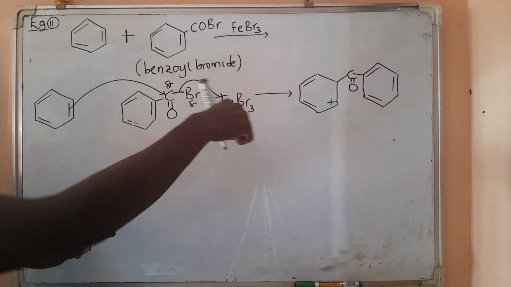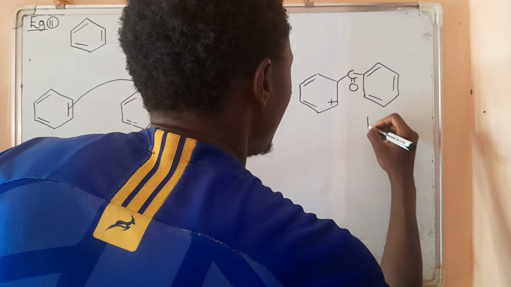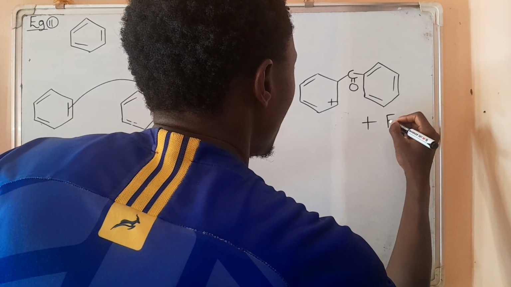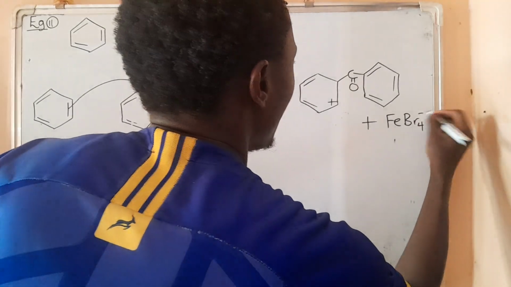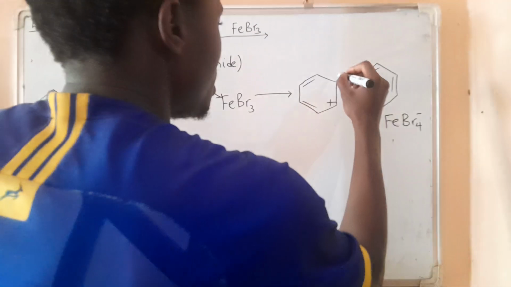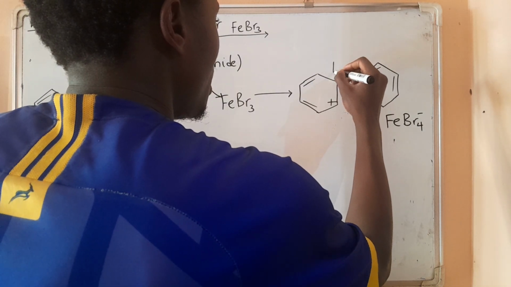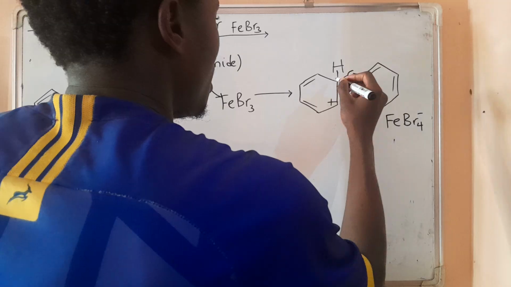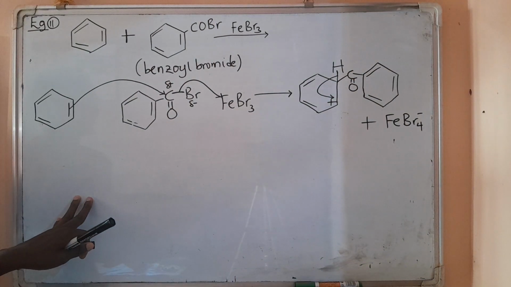Then bromine with the Lewis acid catalyst, we form plus FeBr4 with a negative. Then I expose the hydrogen there so that it donates electrons to that electron deficient carbon.